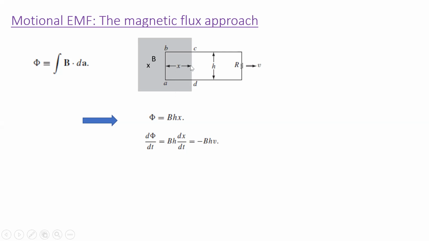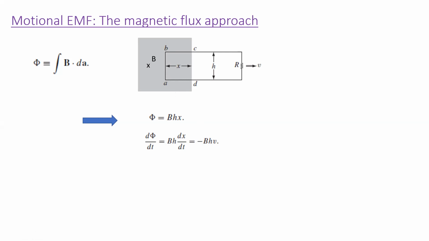Now, x changes in time because the whole circuit is moving to the right with velocity v. So dx dt is going to be negative because x will be getting smaller, and it's equal to minus v, where we're taking v as a positive number, the speed of the system.